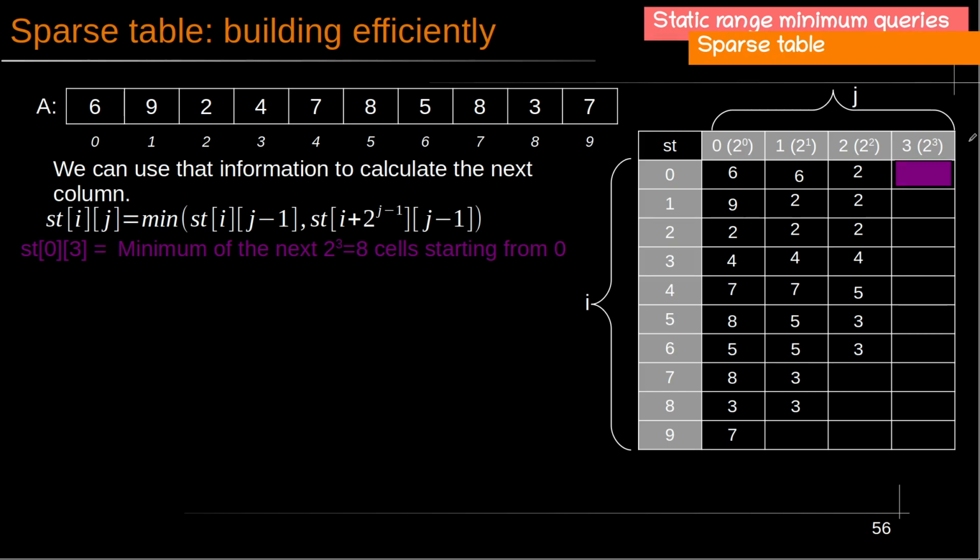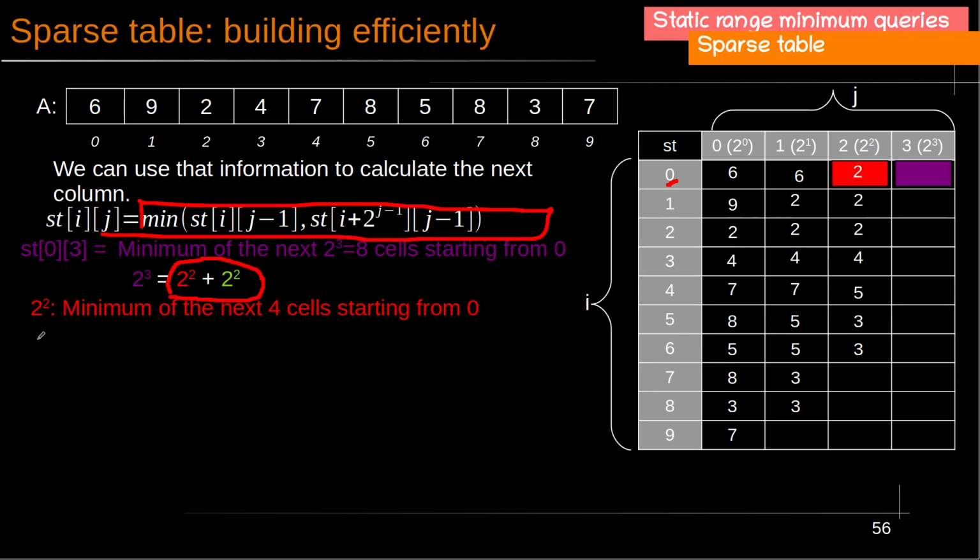Let's do the same for the last column. We can use this logic. ST03 is the minimum of the next 2 power 3, which is 8 cells starting from 0. We can use this formula to use the previous column.